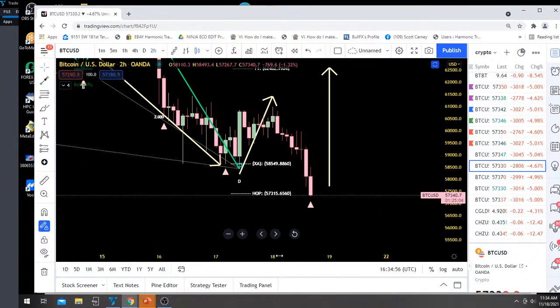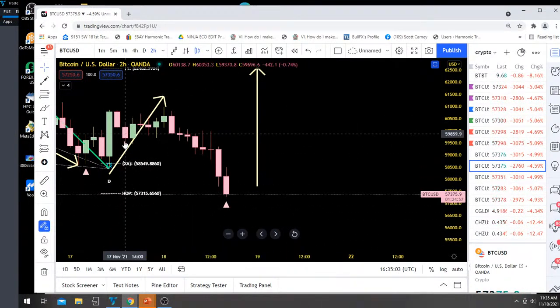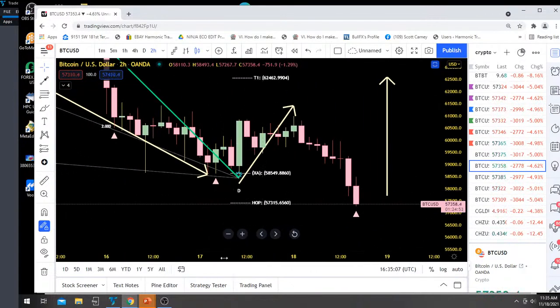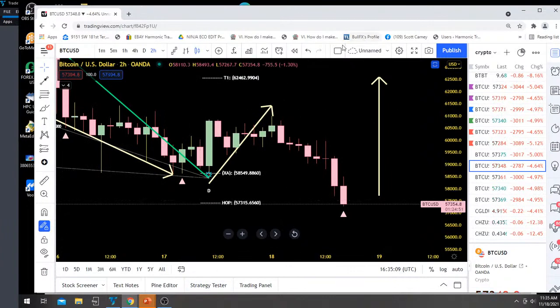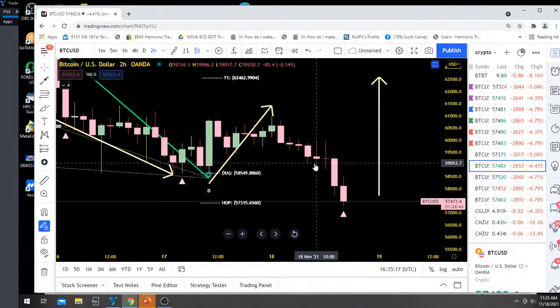And very early in this whole hop process of how it responds here, we saw the first reaction as we started with today's session. We looked at this and I said, we're looking for confirmation after pattern completion. The fact that this gave you a quick reaction and then retest, not a surprise.